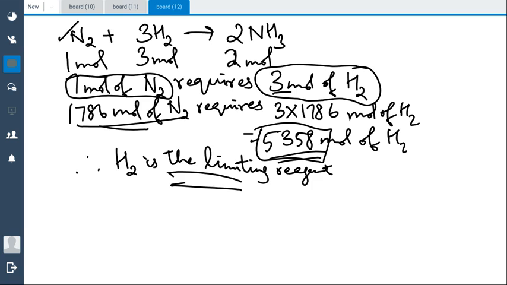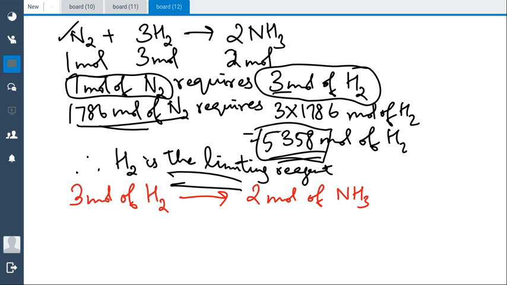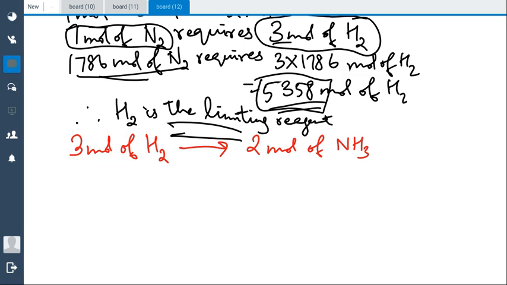According to our equation, 3 moles of H2 are required to produce 2 moles of NH3, right? 1 mole of H2 would produce 2 by 3 mole of ammonia.